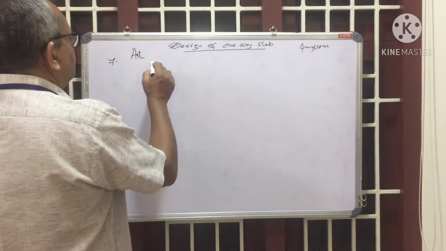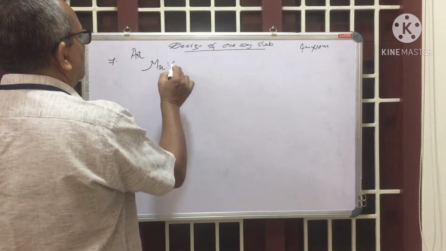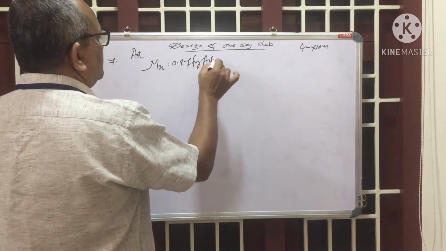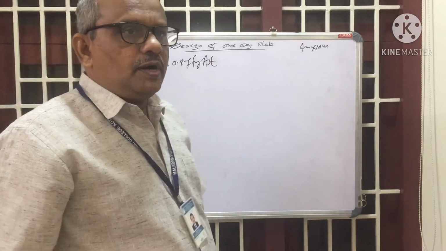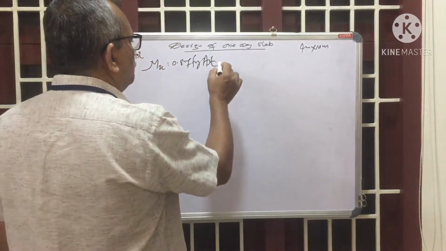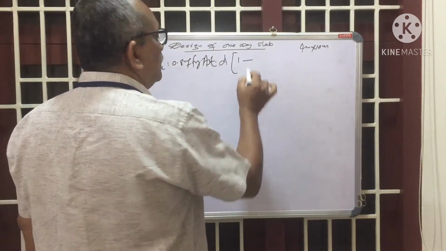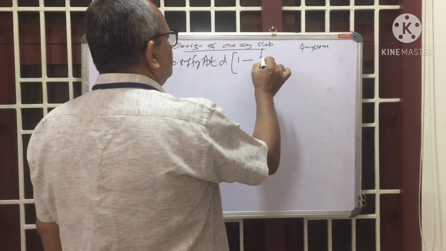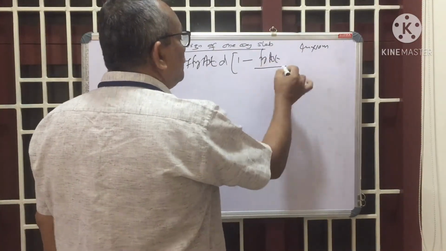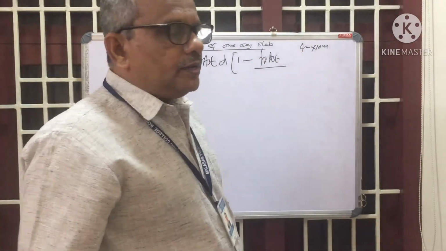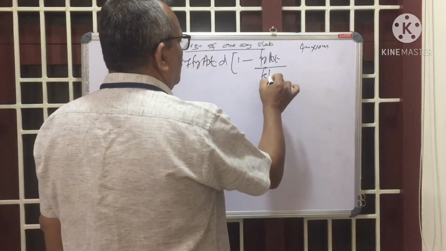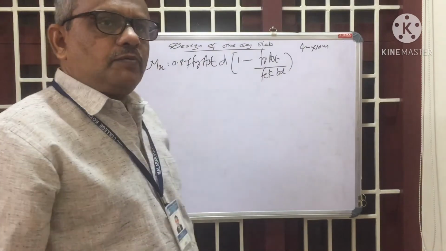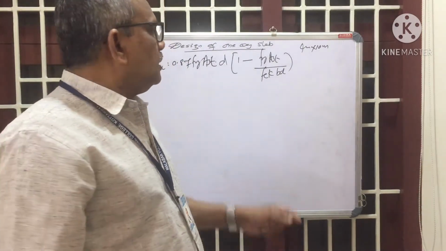Mu is equal to 0.87 Fy AST D into 1 minus Fy AST divided by FCK BD. The same formula we used for the beams.